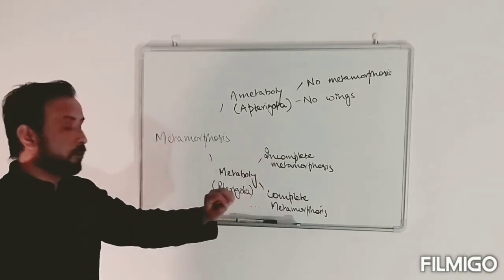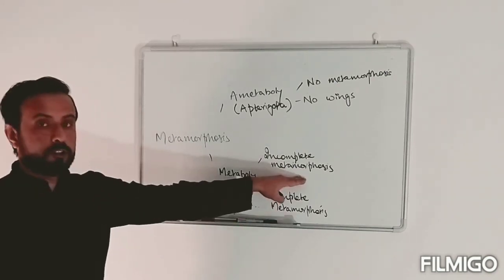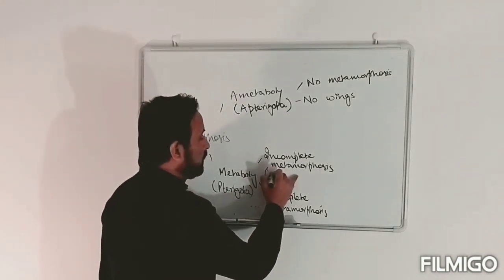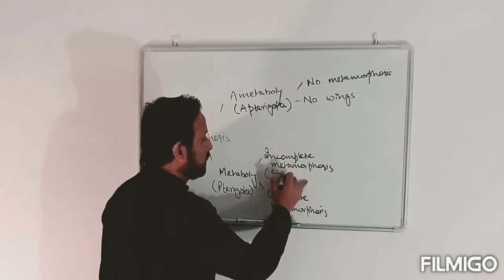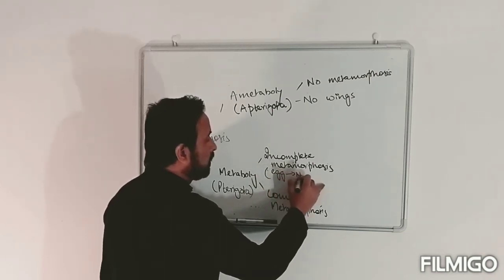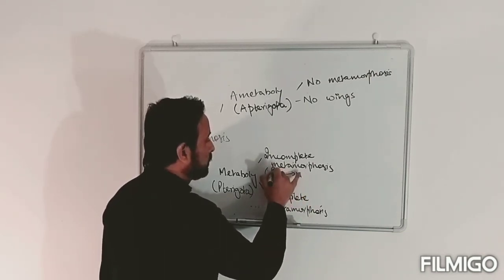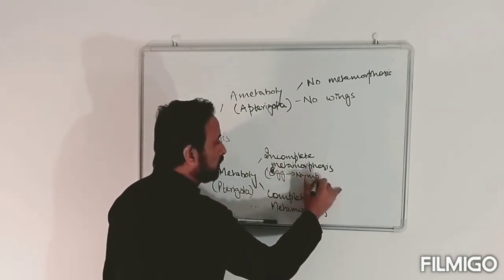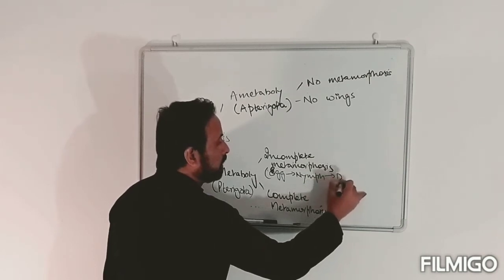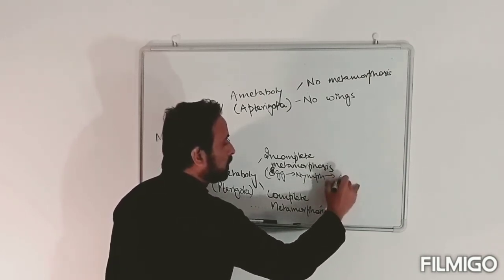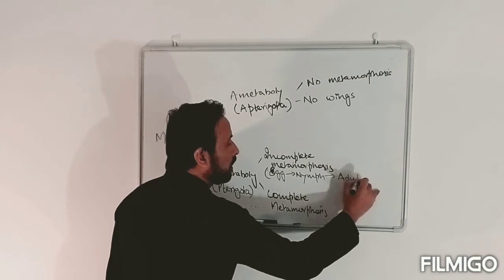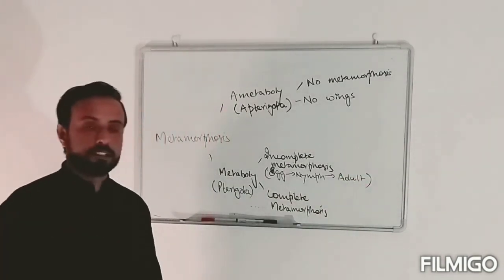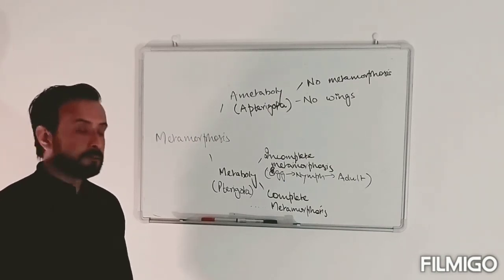Now, the incomplete metamorphosis showing insects only have 3 stages mostly. They have egg, then nymph, and then adult.